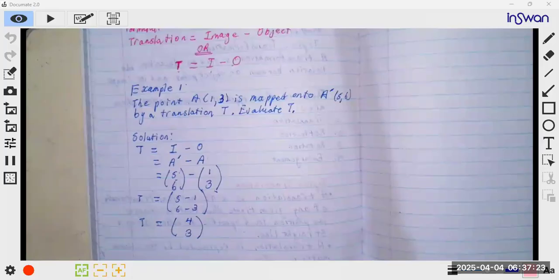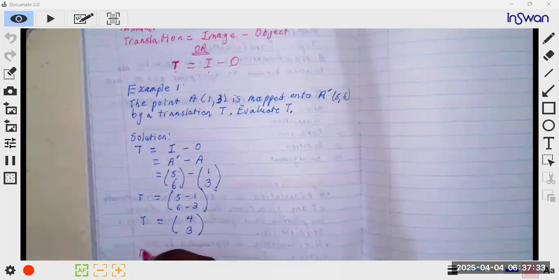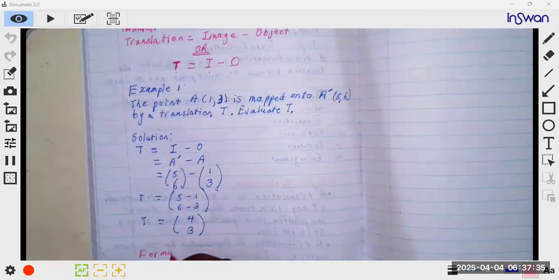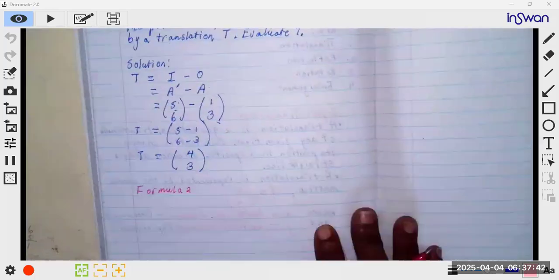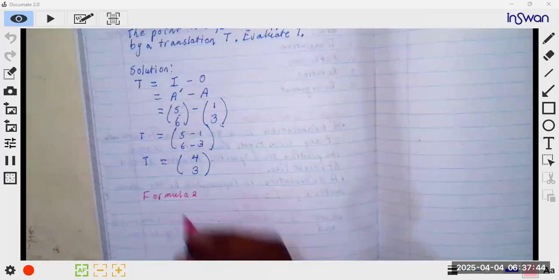So that's the first example. So we're going on to example 2, the next formula. So that was formula 1. So now let's go on to formula 2. And formula 2 is the image.